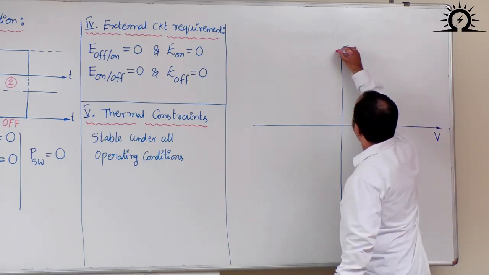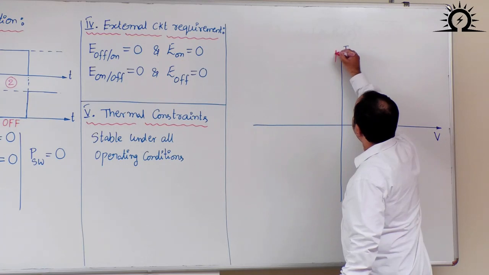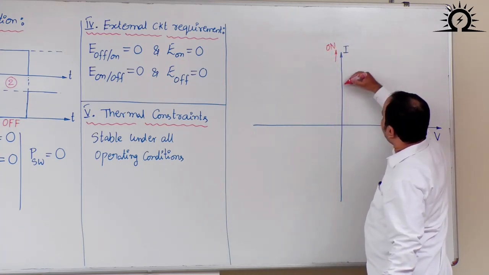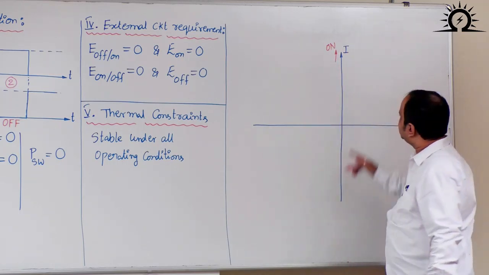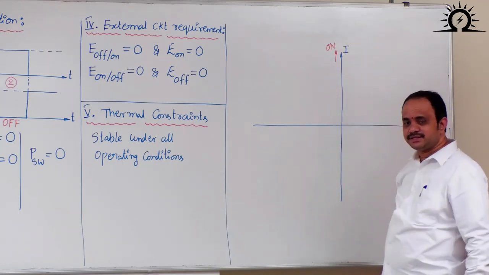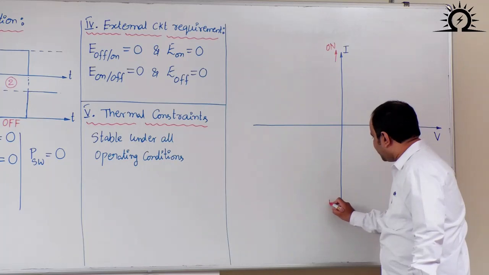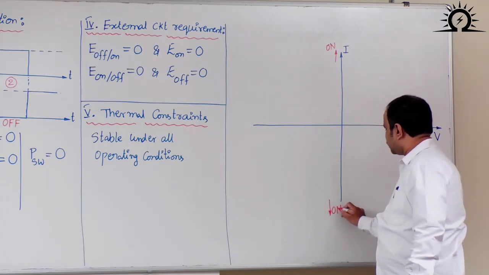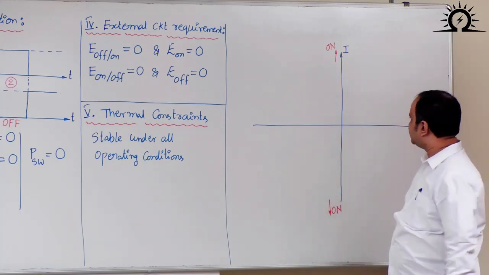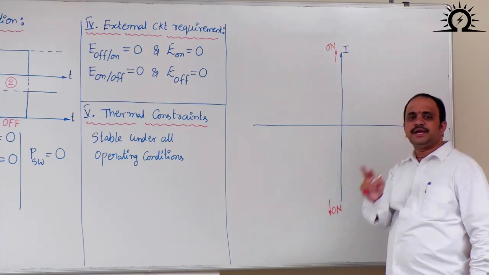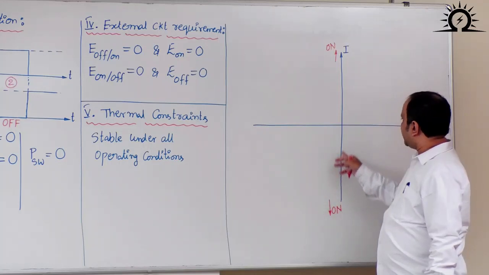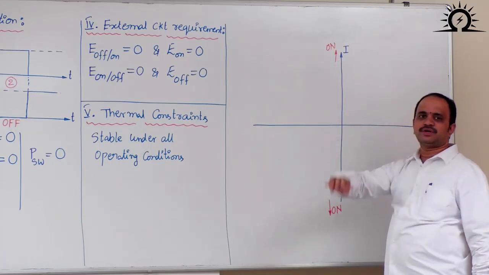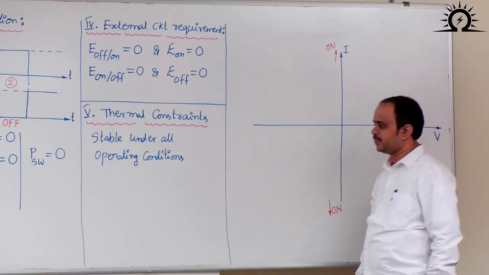That means it is either plus infinity, on state operating point will be located along the current axis towards plus infinity. Similarly, a negative infinity also. So the point to understand here, on state operating point will be located along the current axis because voltage drop across the switch will be 0.